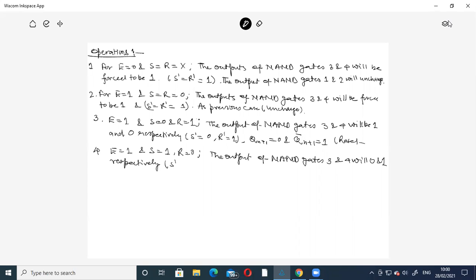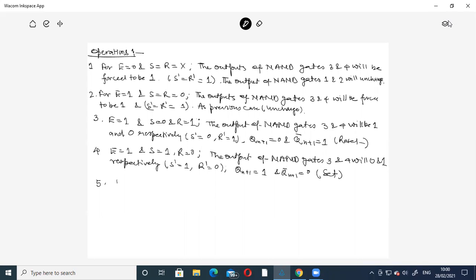That is S dash is equal to 1, R dash is equal to 0, the Qn plus 1 is equal to 1, and Q bar n plus 1 is equal to 0, and this is known as set.